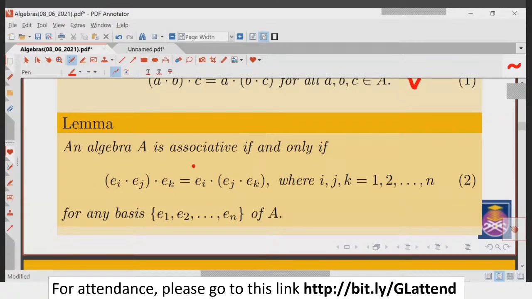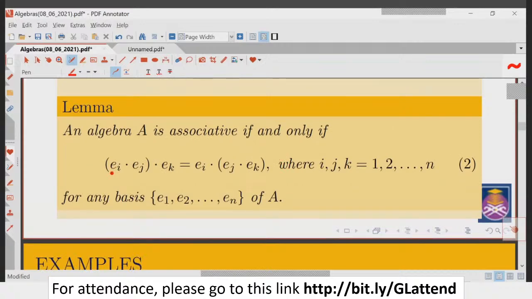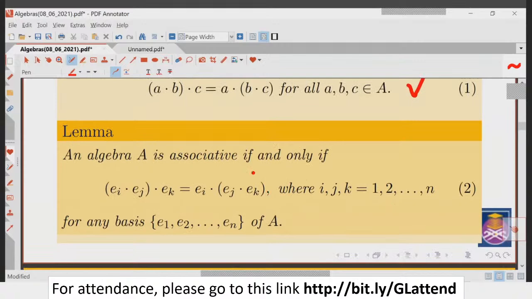An algebra is associative if and only if (e_i e_j) e_k equals e_i (e_j e_k). So associativity you can demand for basis vectors if the algebra is n-dimensional. If you have an n-dimensional algebra, you can take a basis and check associativity for the basis vectors. That is enough for the entire algebra to be associative.